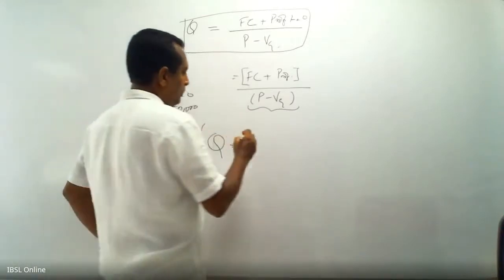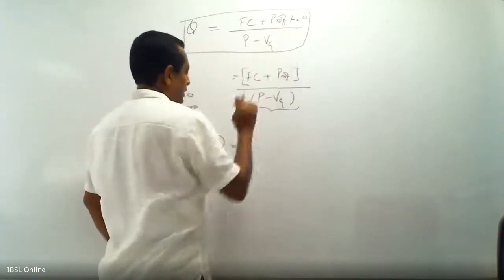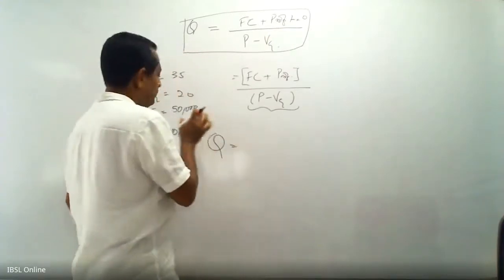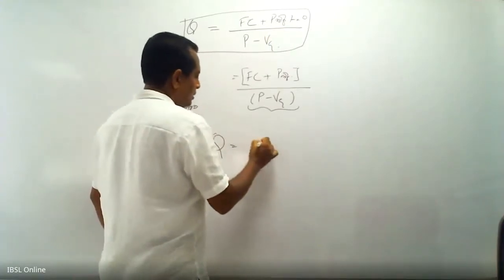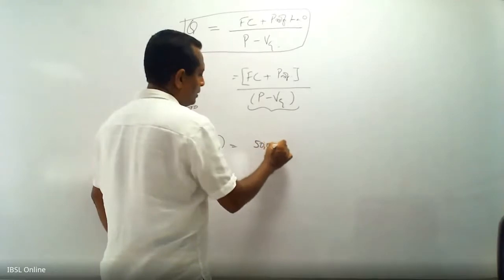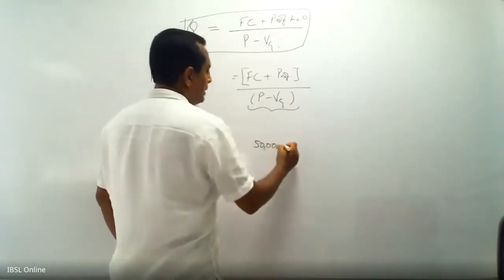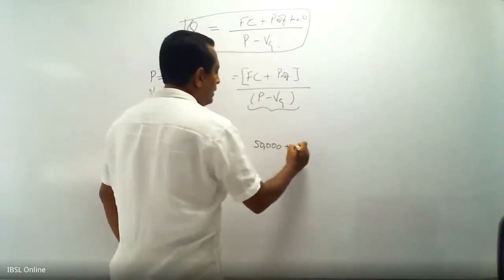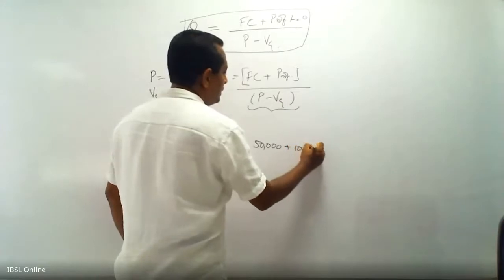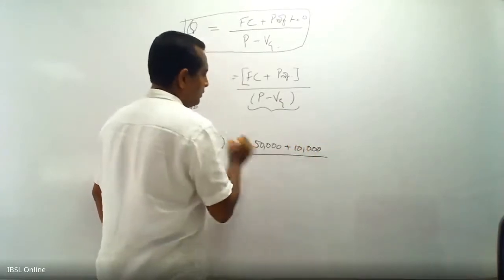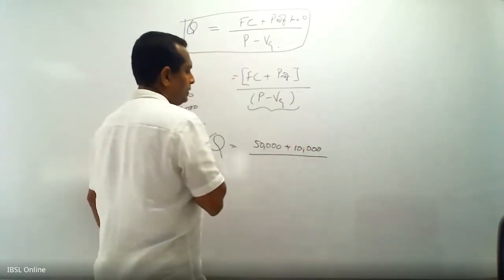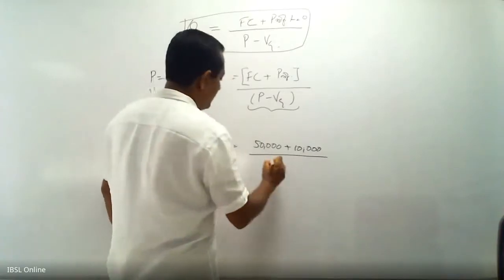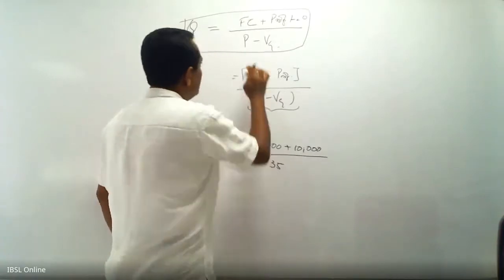So your formula is this: fixed cost, which is 50,000. Now instead of a 0 profit, you have a 10,000 profit, right? Price is 35.